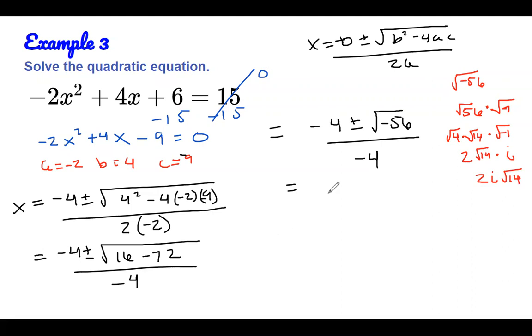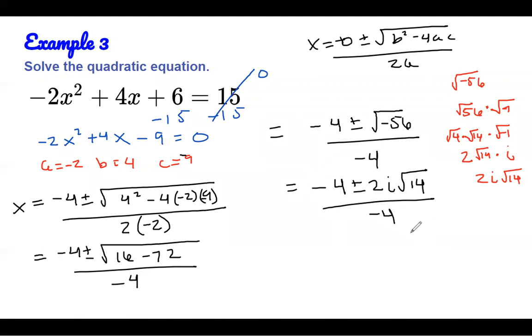All right, so what do I write here? Negative 4 plus or minus 2i square root of 14 over negative 4. Now, can this be simplified? Yes, so let's go ahead and simplify it. What is it?